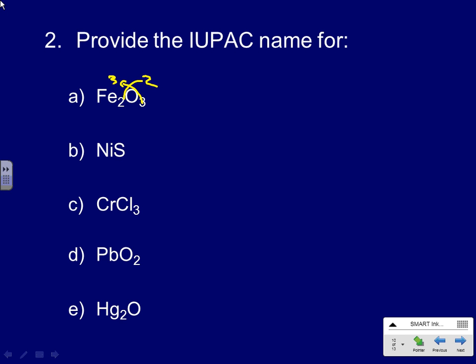But that only works if a number hasn't been canceled away. If something's been canceled away, that doesn't work because we've canceled a number away. In this case, by using the reverse crossover, my 2 goes back up with the oxygen and my 3 goes right there. So this is an iron 3. Okay? But let me show you one other way of doing it, and I like this even better.